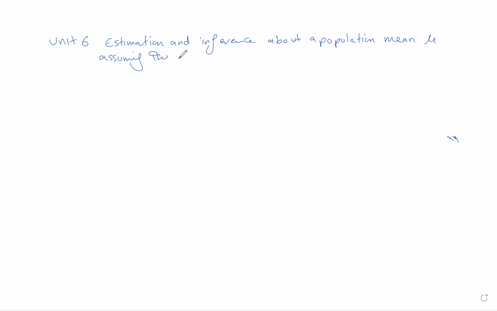So unit 6 is estimation and inference about a population mean, assuming the population variance is known, which is sigma square.